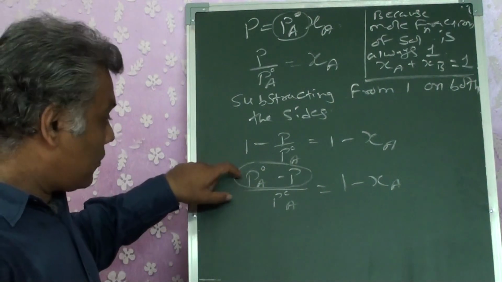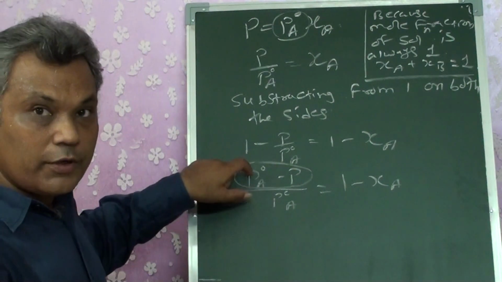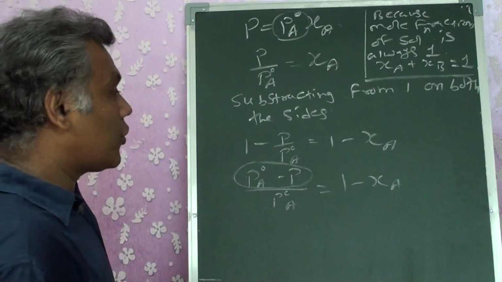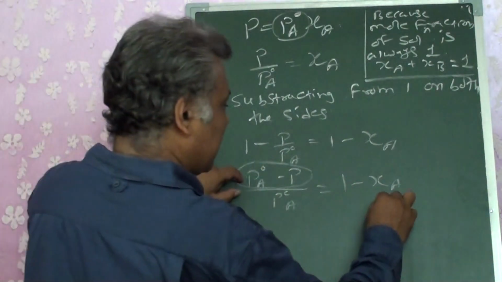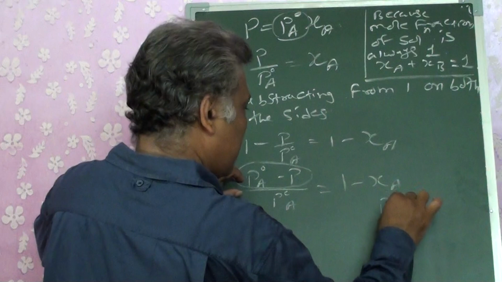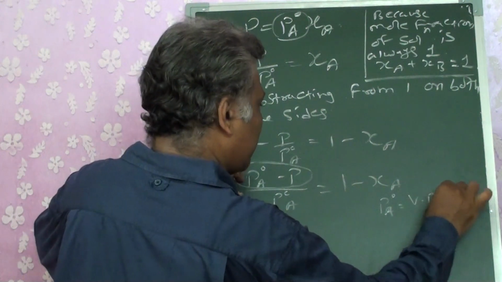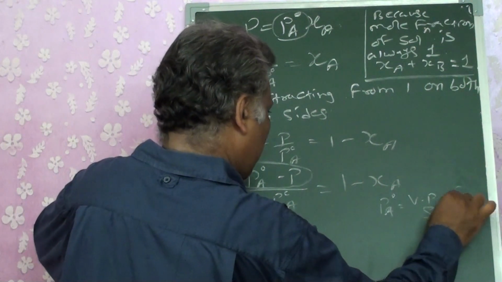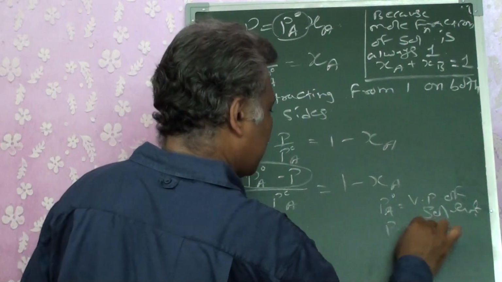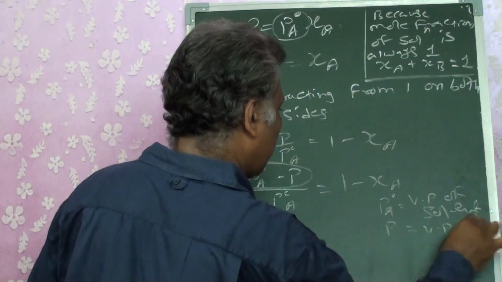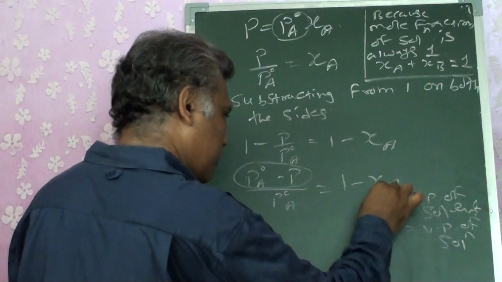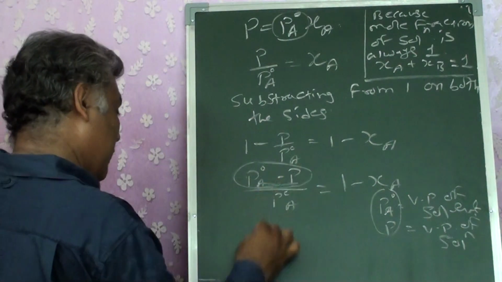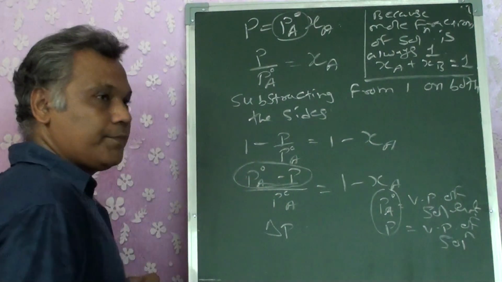Initial pressure of the solvent. This is the pressure of the solution. We can say that P naught A is the vapor pressure of solvent, and P is the vapor pressure of solution. So that means we get the change over here.